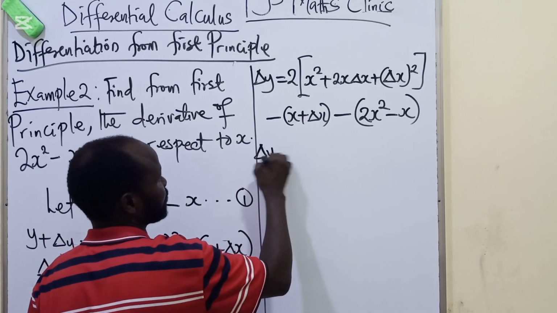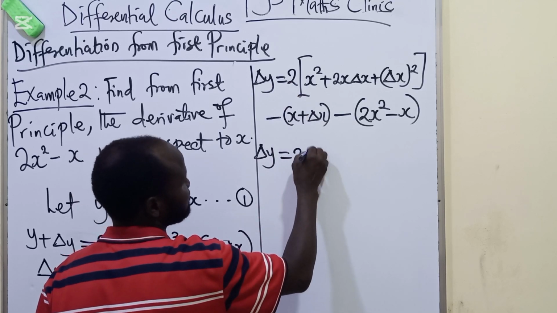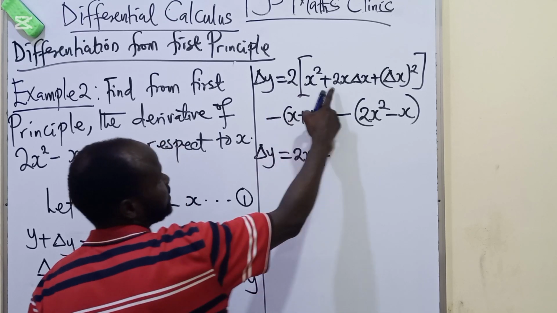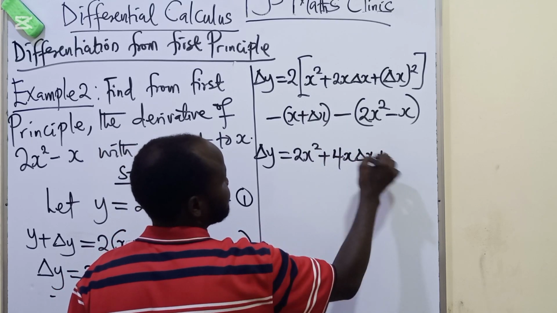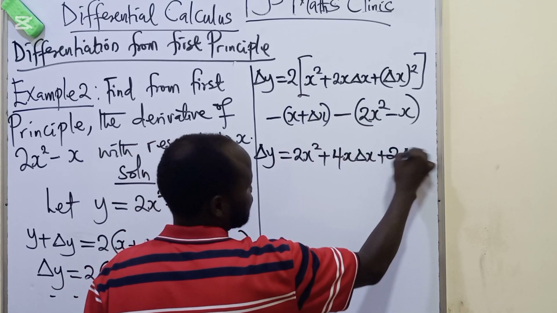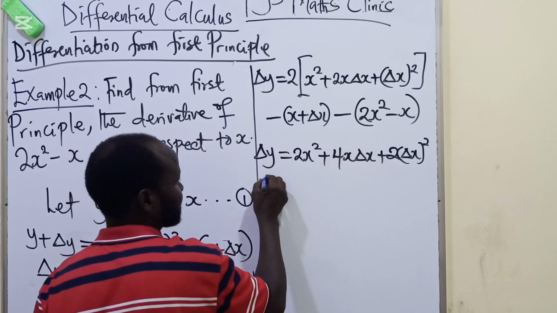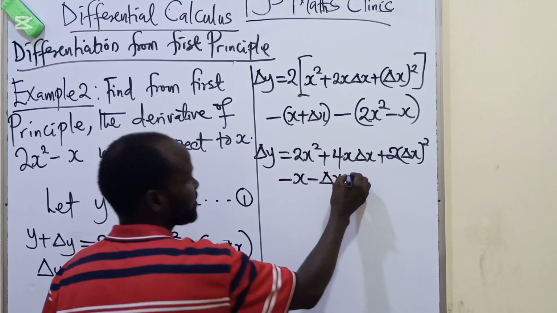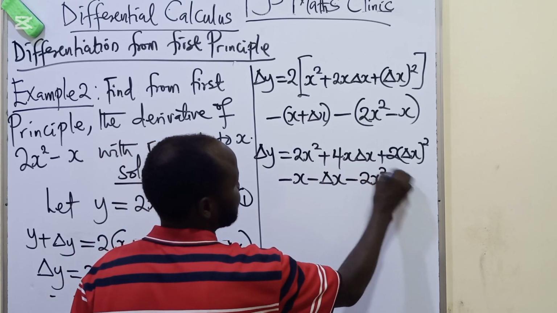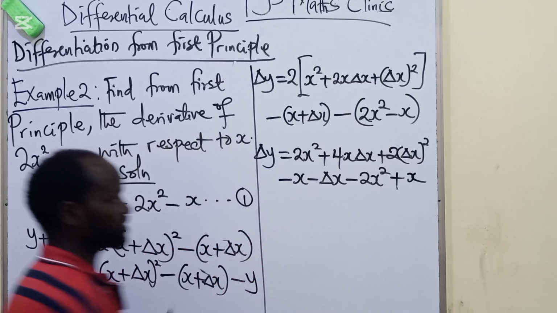Change in y will be equal to, let me multiply through by the 2. That will be 2x squared plus 2 times 2, that is 4x delta x, plus 2 delta x all squared. Let this minus multiply: minus x minus delta x, minus 2x squared plus, minus times minus is positive, that will be x.